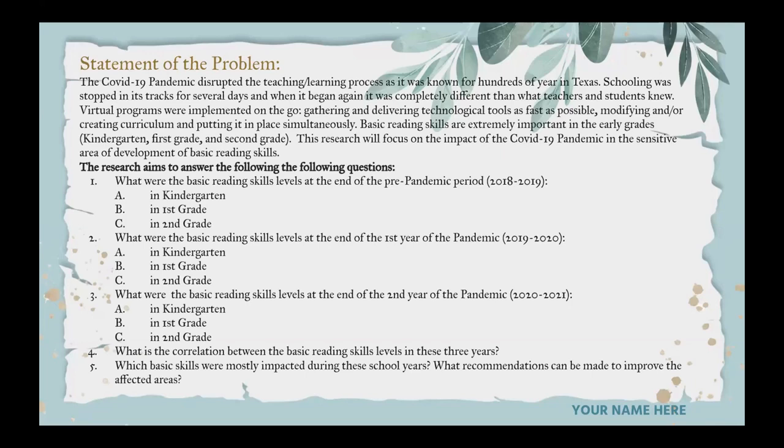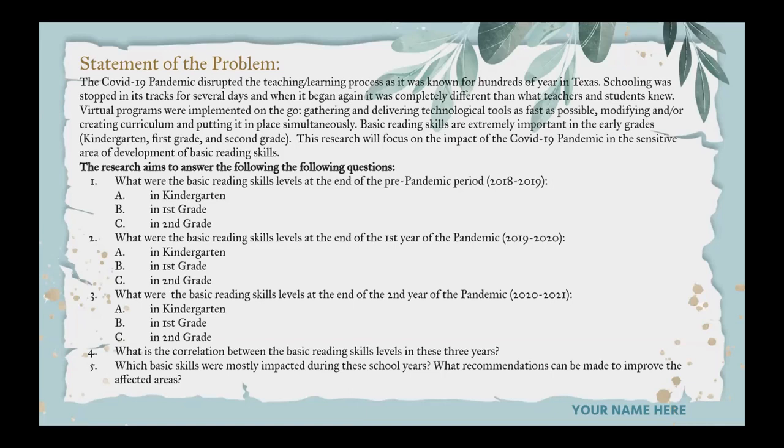So meaning to say there is a problem in reading skills among kinder, first grade and second grade students. So after we have discovered that there are a lot of problems in the reading skills of the learners, we must have our proposed output or contribution on how we are going to help them to increase the reading skill level of students.